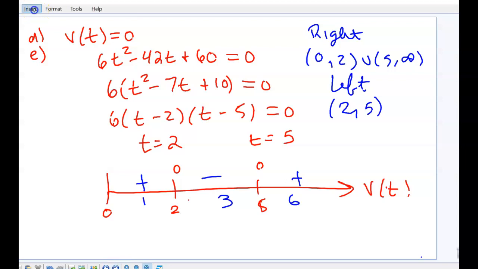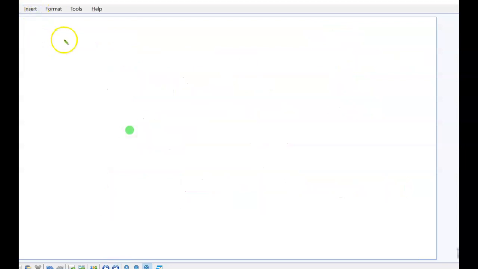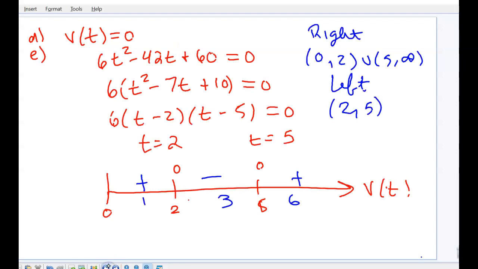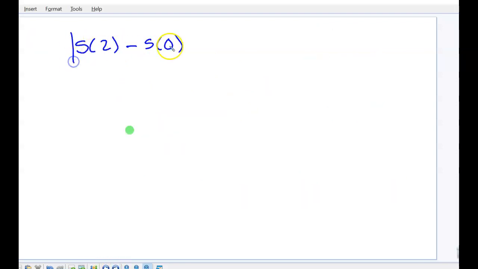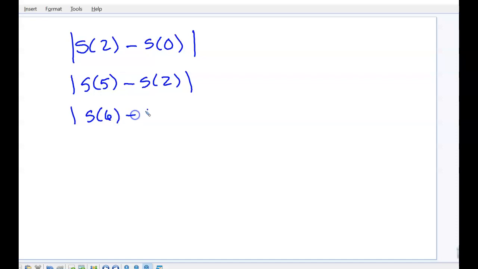So what I need to do is figure out the position where the distance is traveled from 0 to 2, because that's when it's flying to the right. And I need to take the absolute value of that because that is distance. Distance can't be negative. Then I have to find the distance from 2 to 5, and then finally from 5 to 6.